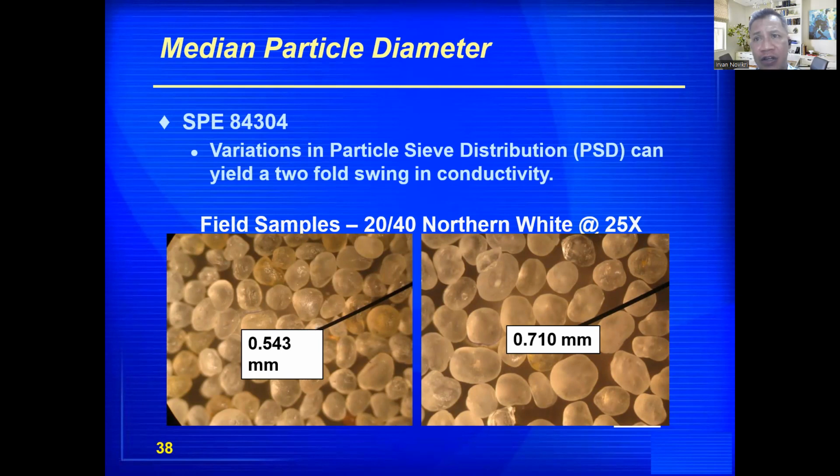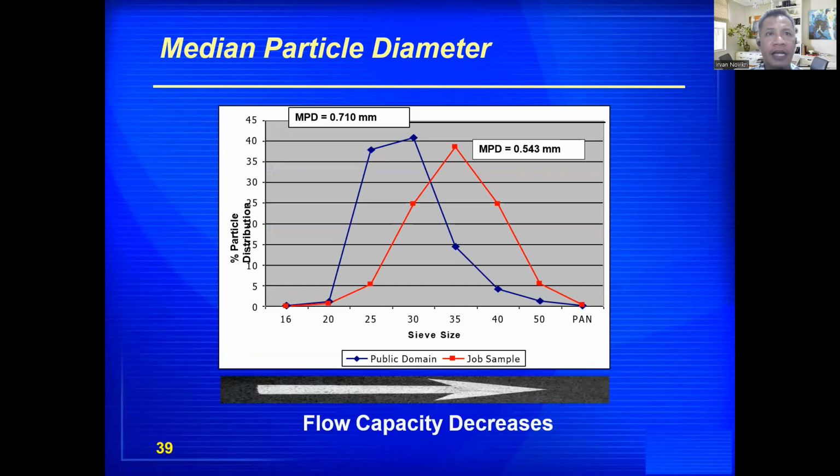Now, what you see here on the left is 0.43, and on the right 0.71. This is your average particle diameter. If you plot this and look at the ISO spec, both of these proppants are ISO compliant. They both fall within 90% or more within the sieve screens for this 20/40. And they have two different median particle diameters.